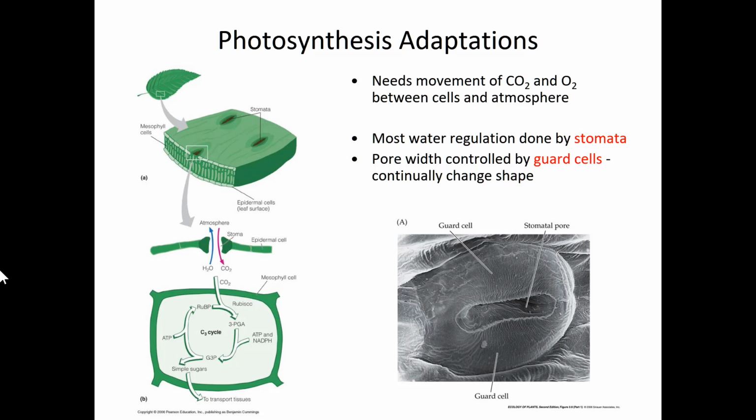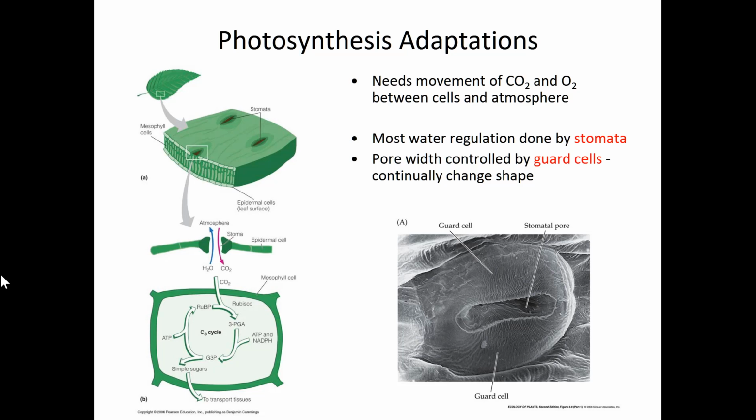Fundamentally, during the process of photosynthesis, CO2 needs to move into the cell through the stomata. And when the stomata open up, there's an opportunity for water vapor to be lost. That's good if there's plenty of water available, but if water needs to be conserved, yet CO2 still needs to be taken in through the stomata, that makes for a pretty big restriction in what the plants can handle.